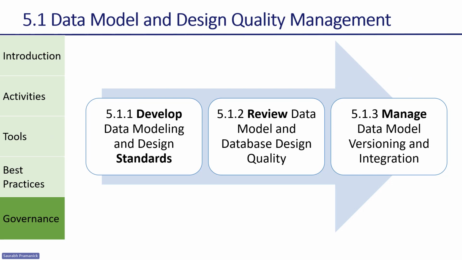Then how you manage the data model versioning and integration, right? Versioning is very important. So you should also be able to implement change control, so that if changes are happening, I should be able to preserve whatever changes have happened. We have something called SCDs that we also use, like type 1, type 2, type 3, type 4.